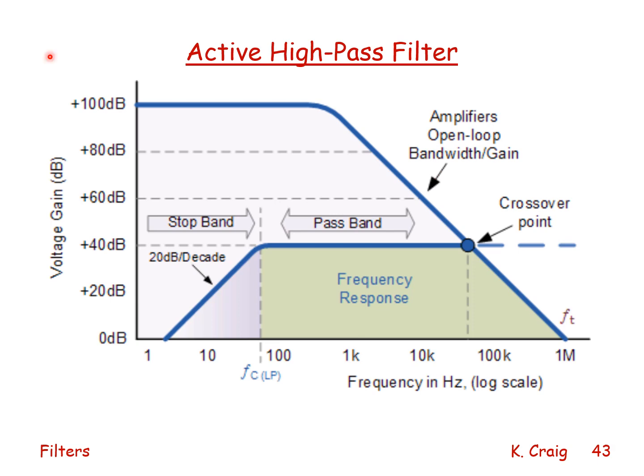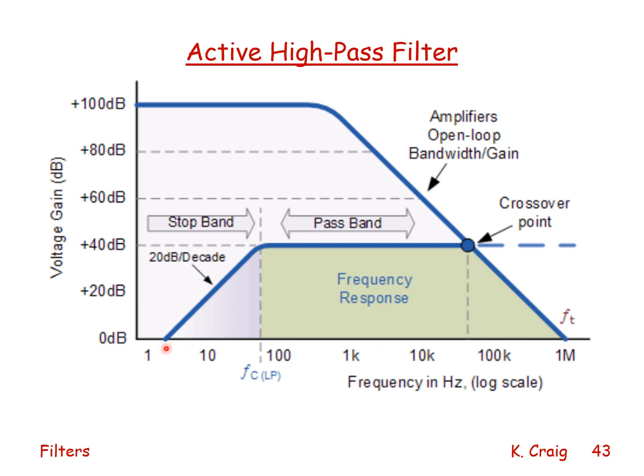Here is an active high-pass filter, and we show the high-frequency limitation of the open-loop amplifier bandwidth gain product. We see the open-loop frequency response of the op amp. It's 100 dB at low frequency, and then it rolls off minus 20 dB per decade until at 1 megahertz, the amplitude is 0 dB or 1.